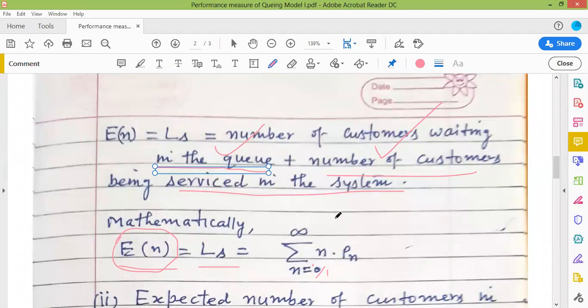If x is a random variable, then expected x is what?